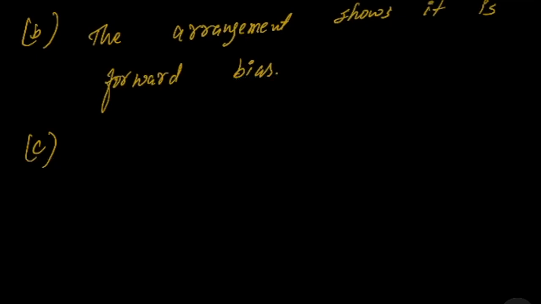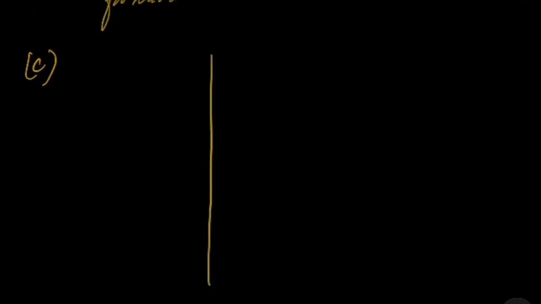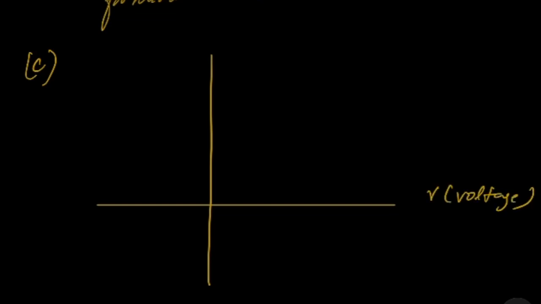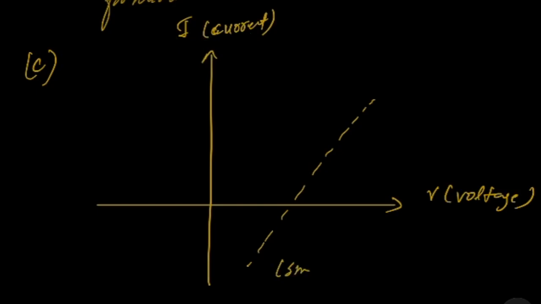So this is V, voltage, and this is current, and the graph will look something like this. There is a small reverse current. So this is the graph.